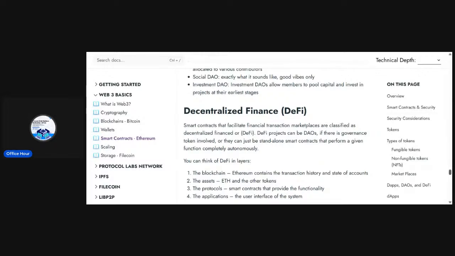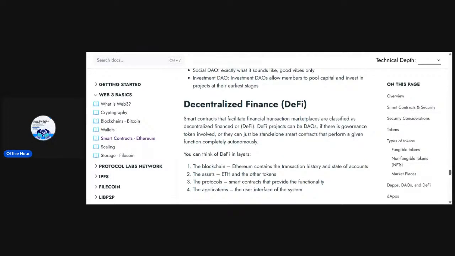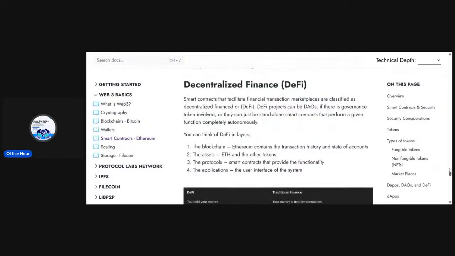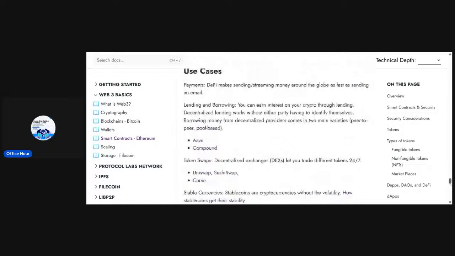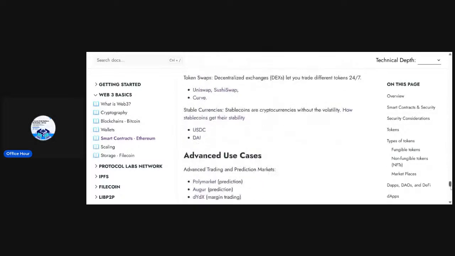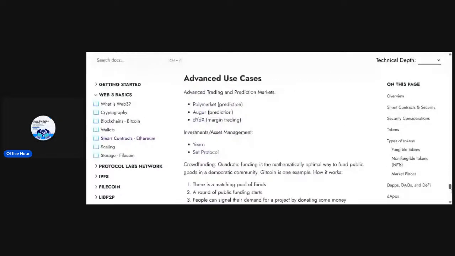You can think of DeFi in many areas in the blockchain space, such as transaction history and state of accounts. These are some of the parts around that. You can see the use cases, and the advanced use cases. Look at this scaling. What is the meaning of scaling?